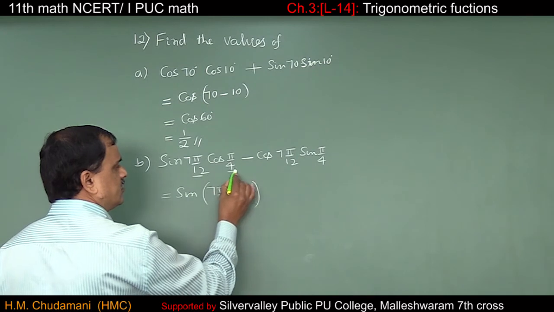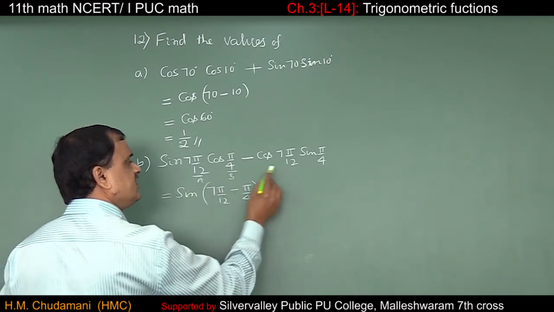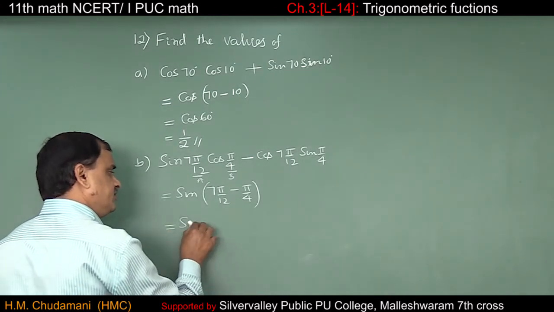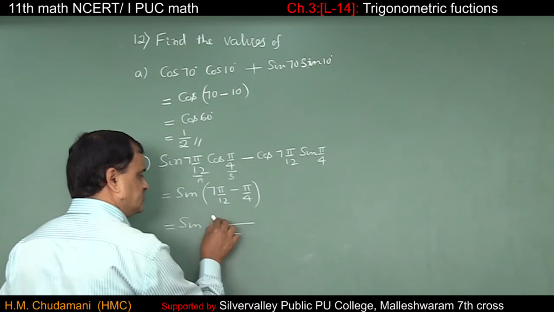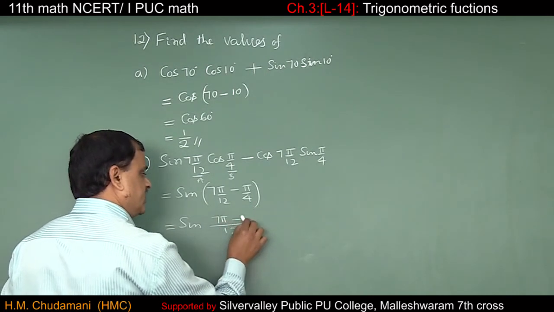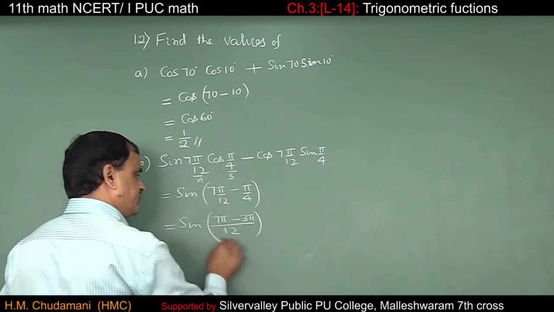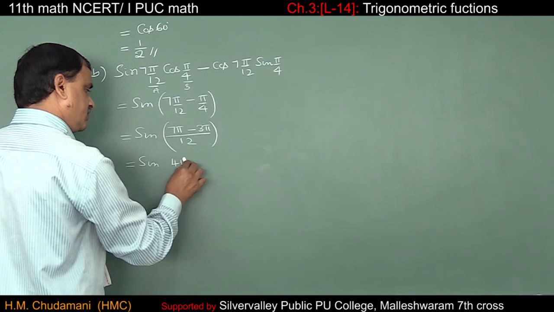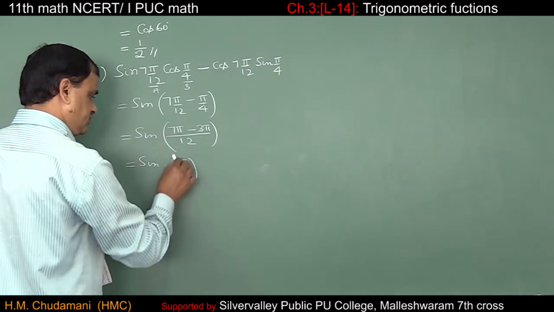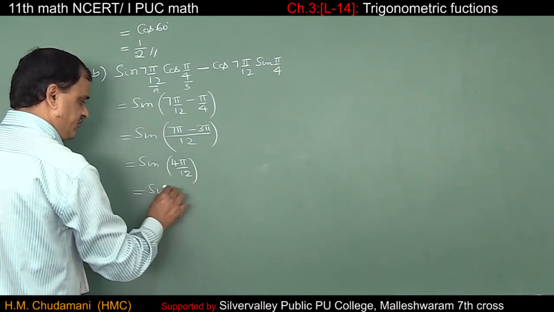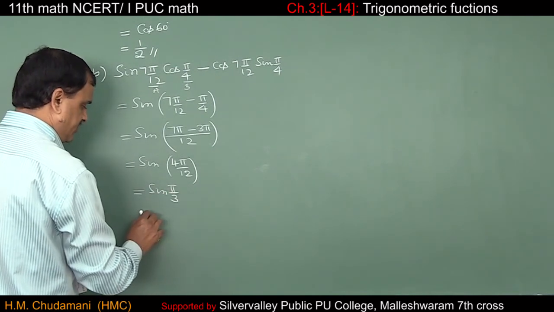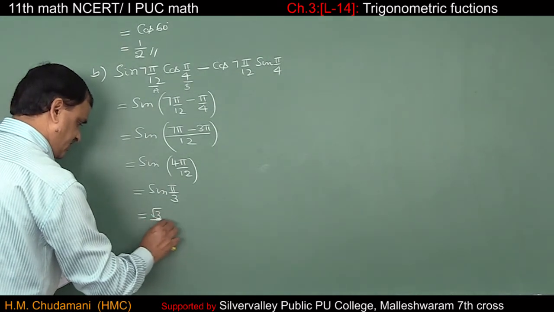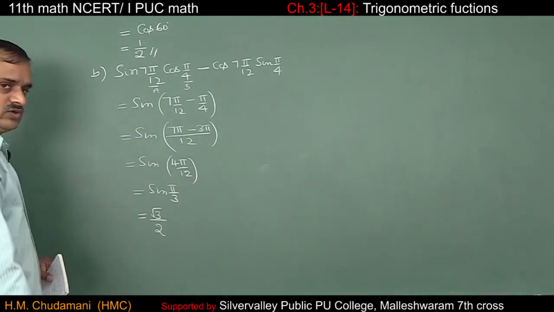Sin A cos B minus cos A sin B, sin of A minus B. Take the LCM. 12 as the LCM means 7π minus 3π. So that is 4π by 12. 7 minus 3 is 4π by 12, which is π by 3. Sin π/3 is sin 60 degrees, which is root 3 by 2.